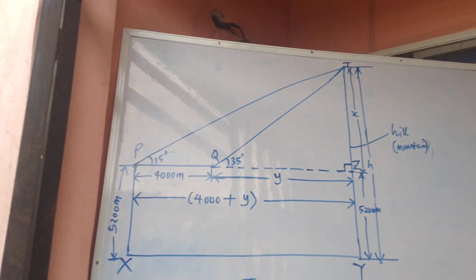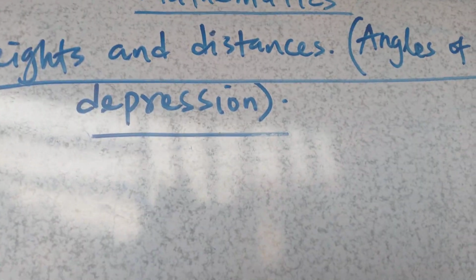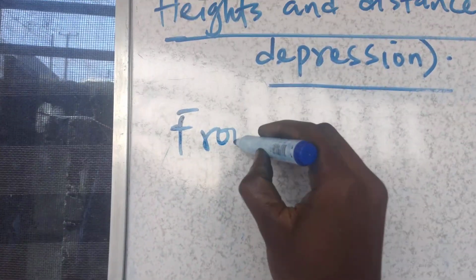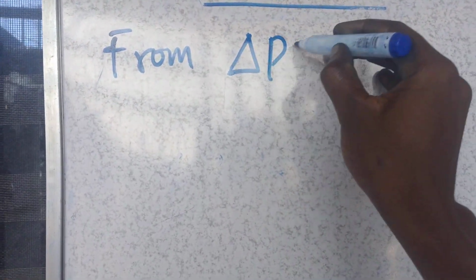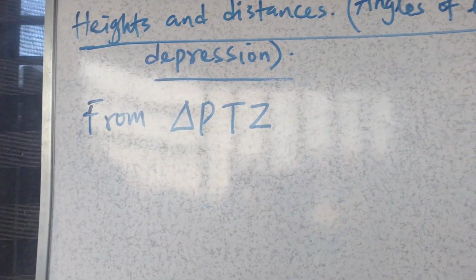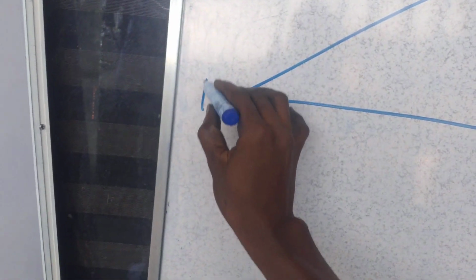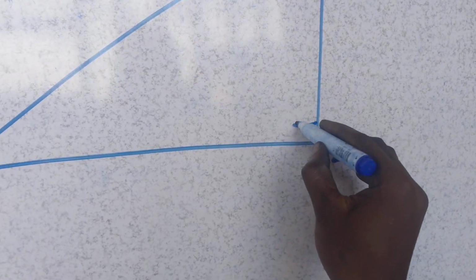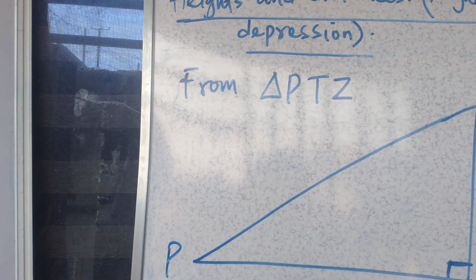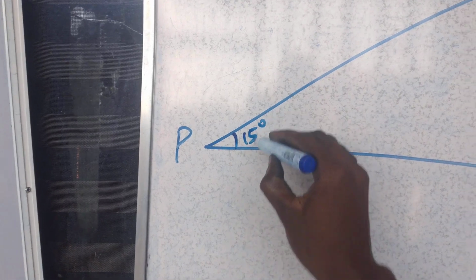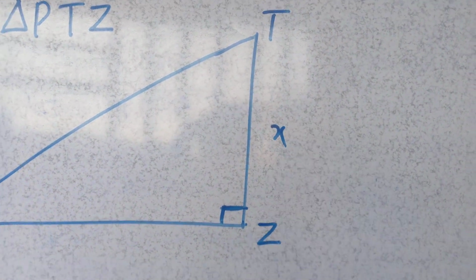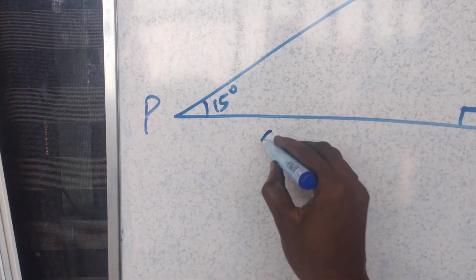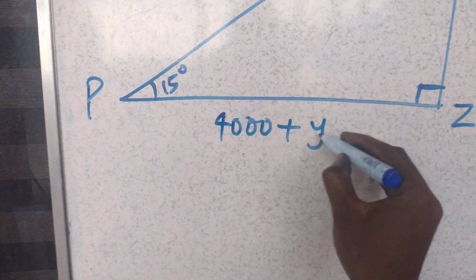So from triangle PTZ, this is point P, and this is point T, and this is point Z. This is 90 degrees, and this angle here is 15 degrees. This is X, and distance from P to Z is 4,000 plus Y.